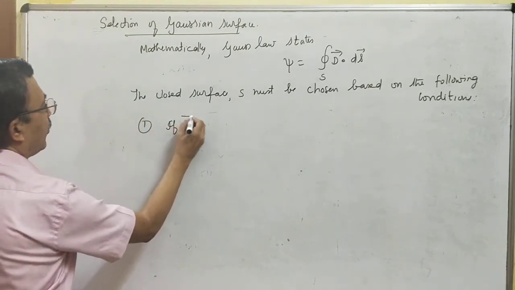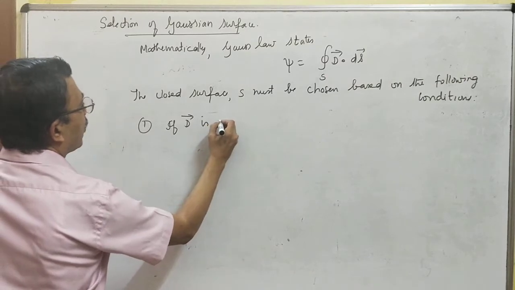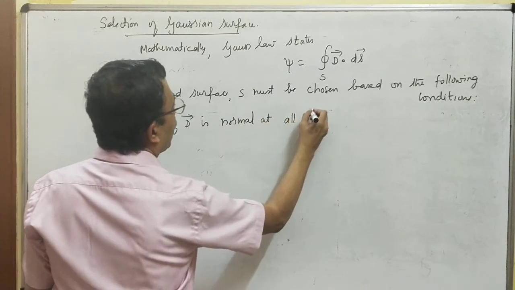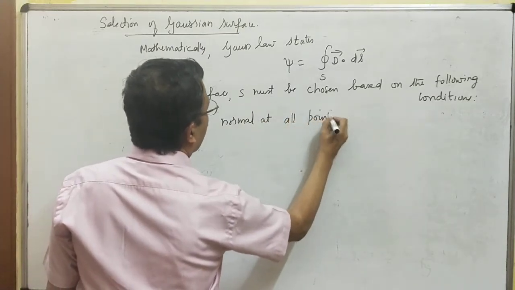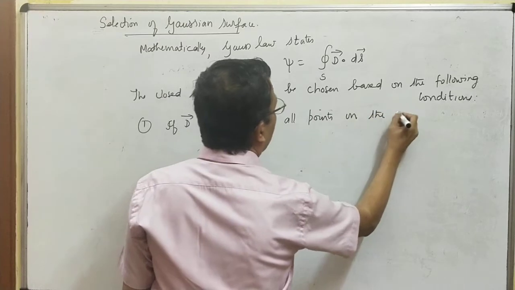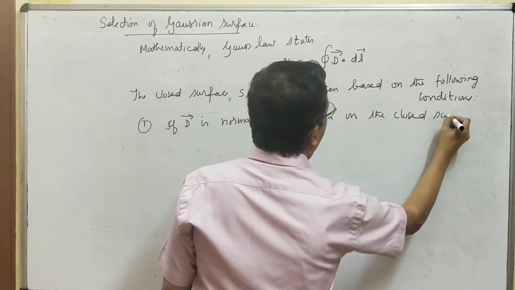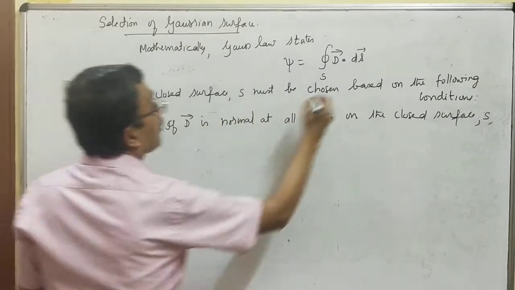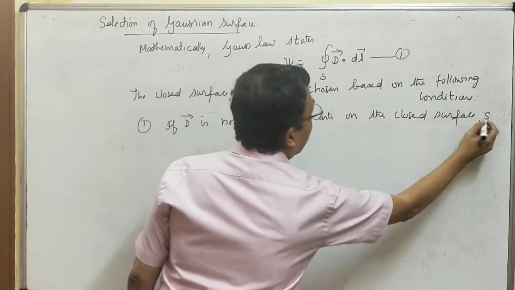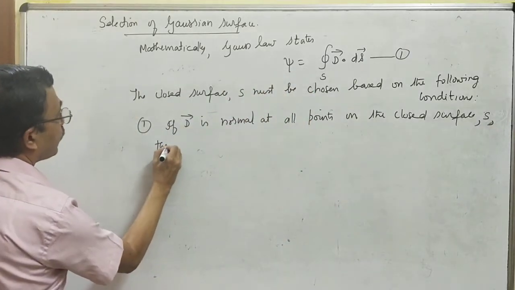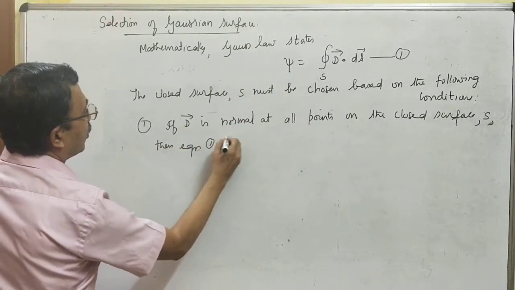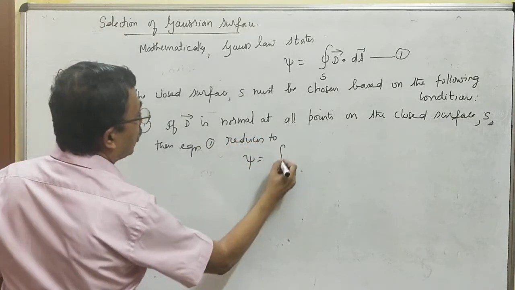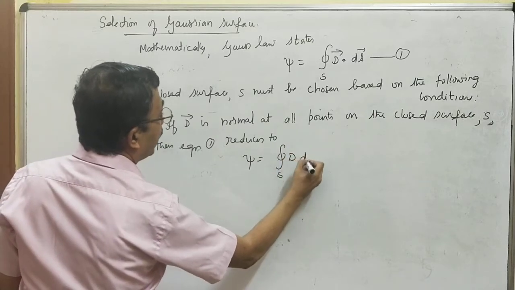First one, if vector D is normal at all points on the closed surface S, then equation 1 reduces to psi is equal to closed surface integral D into dS.